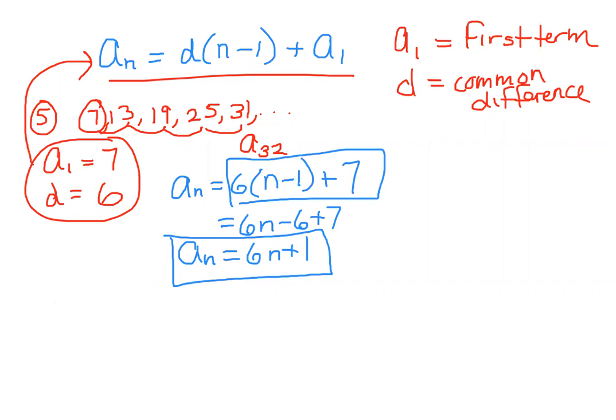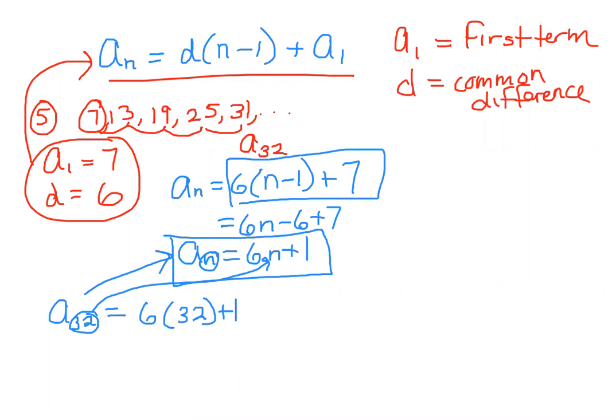Now to find A32, we're just going to substitute in 32 for n. So we do 6 times 32 plus 1, and we get 193. Okay, and that's our answer. That's A32. That's what we're doing here.